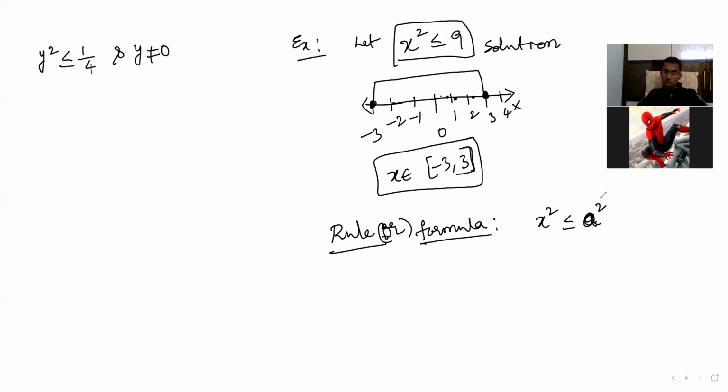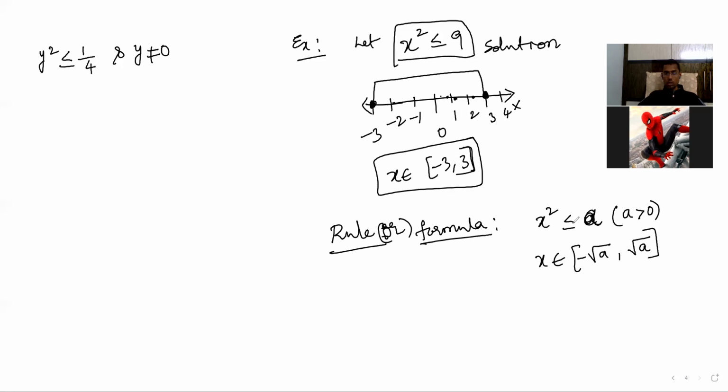Or you can take a also, there's no problem. x square is less than or equal to a, but a should be a positive number. Then x belongs to minus root a to plus root a.